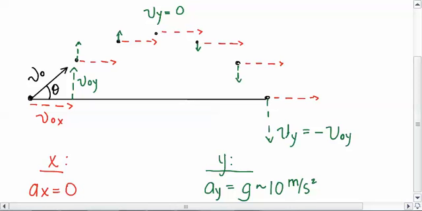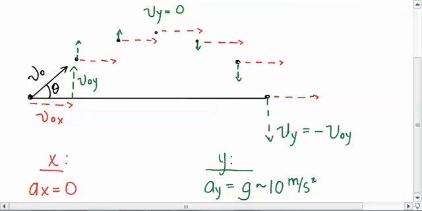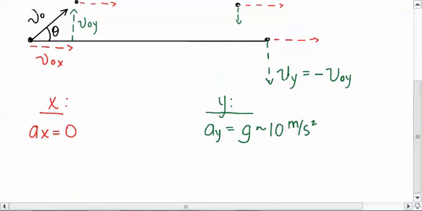Okay, all right, so now let's look at this initial velocity in the x direction. It looks like the base, or the adjacent side, to this angle right here, and this is your initial velocity. So how could we find the value for the initial velocity in the x direction?